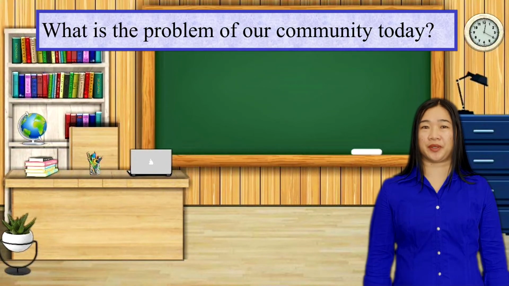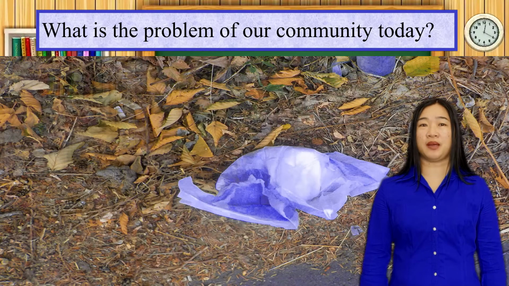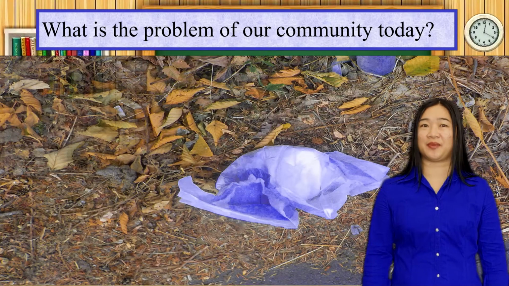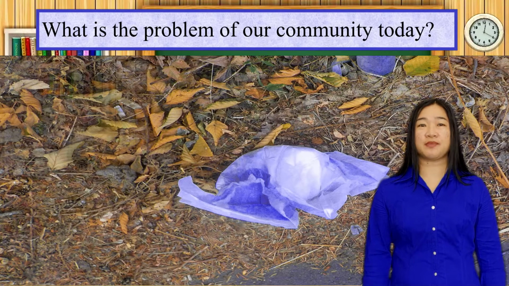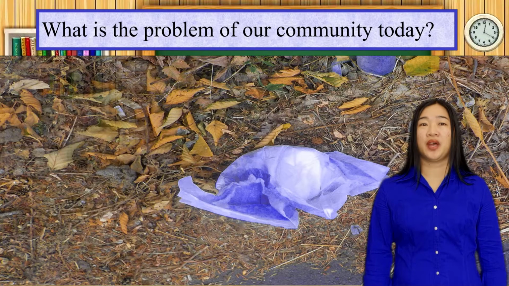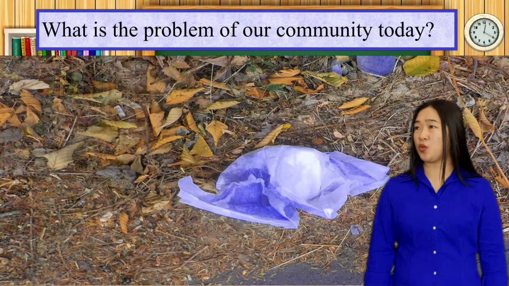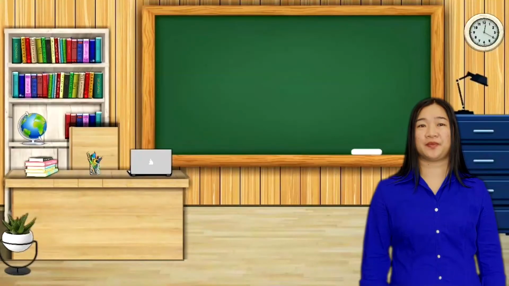Look at the picture. What is the problem of our community today? Correct! The waste materials are thrown anywhere. So, we need to practice waste management in order to help in solving this problem. What is waste management?